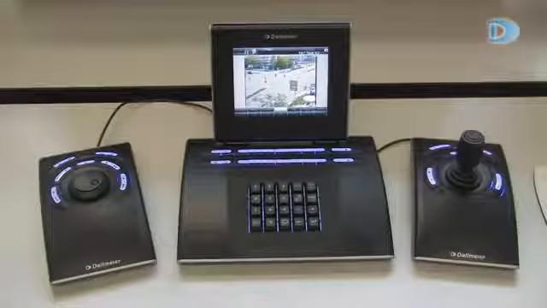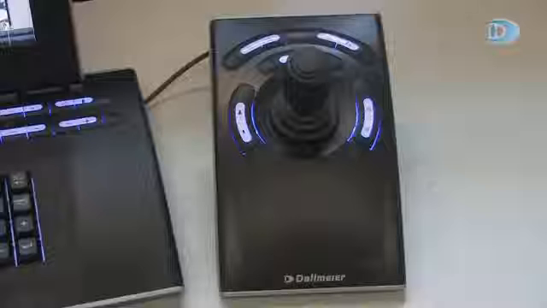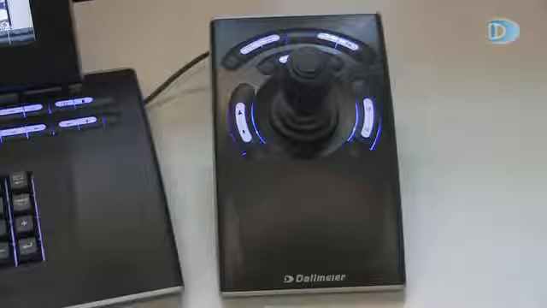Part of the keyboard is this jog shuttle that you can see here. The jog shuttle is used for playback control: forwards, backwards, picture by picture, all these things can be easily controlled by the jog shuttle. And the third component of this keyboard is the joystick for the PTZ control.